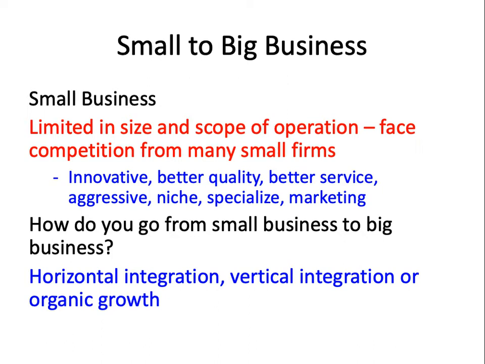Oftentimes we look at horizontal integration. We'll look at vertical integration, and we'll look at organic growth. So briefly, I'll talk about organic growth first, because we'll talk more in depth on horizontal and vertical integration.